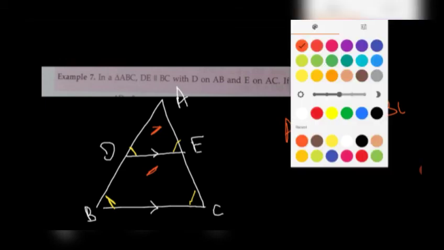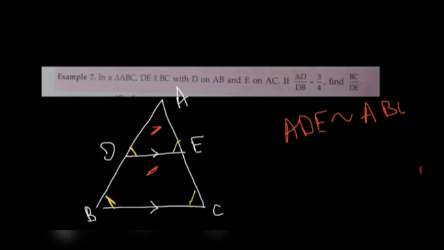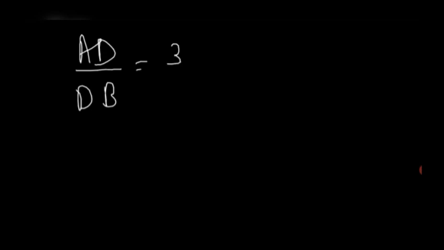This was the first part of the question to understand. Okay. So the next part we'll do is given AD by DB equal to 3 by 4. 3 by 4 given now. So 4AD is equal to 3DB.